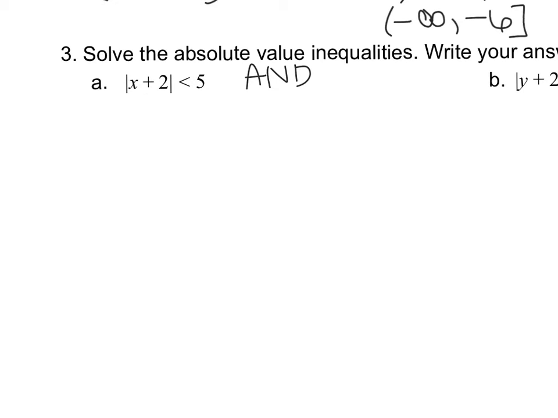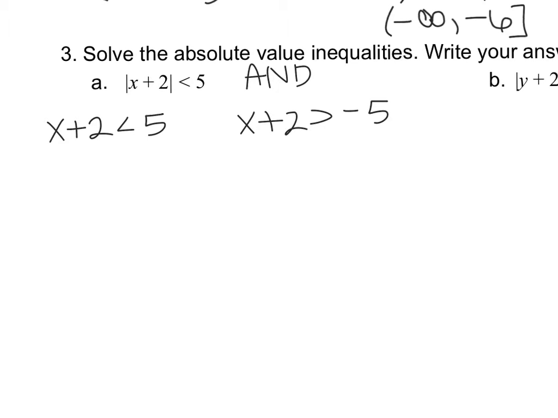So my first inequality I'm going to solve is x plus 2 less than 5. But just like an absolute value equation, there has to be two inequalities I solve. So I keep the x plus 2 the same, but I'm going to flip the inequality and change the sign of the value. So my second inequality is going to be x plus 2 is greater than negative 5.